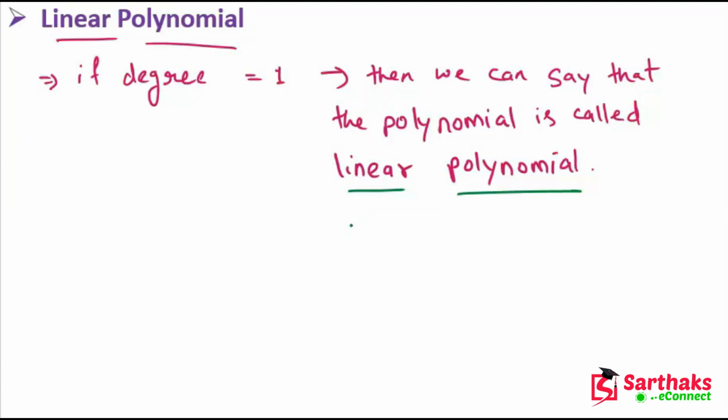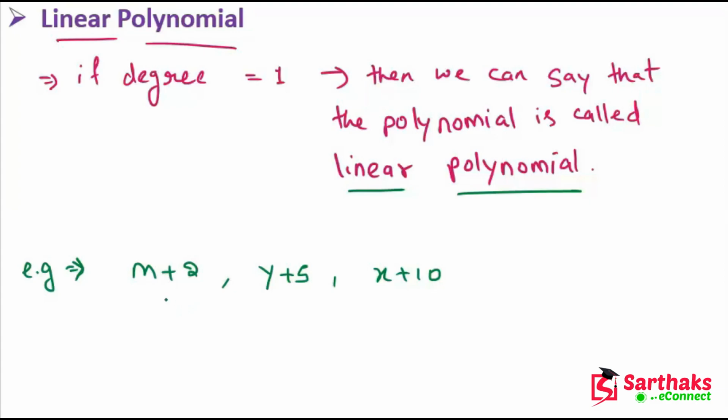The linear polynomial in one variable has only one solution. For example, we get m plus 2, y plus 5, x plus 10. All these polynomials are linear polynomials in one variable.